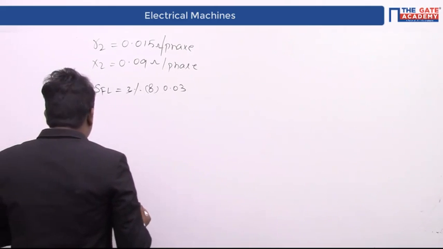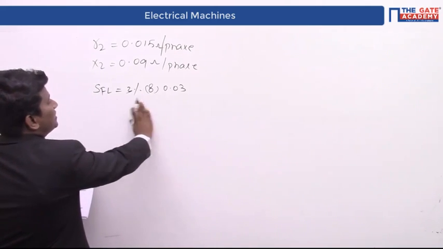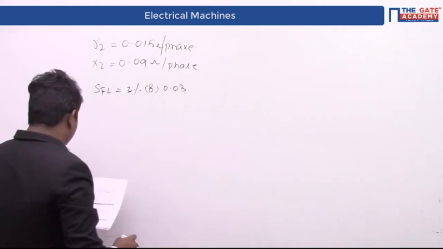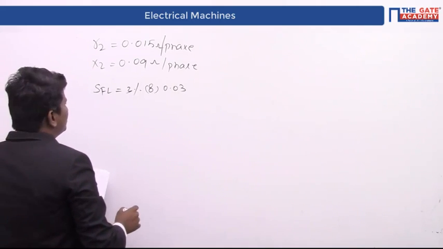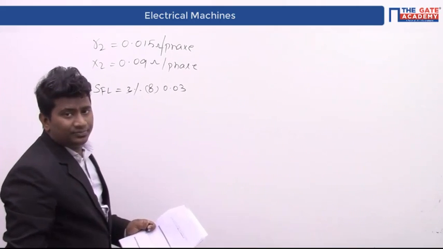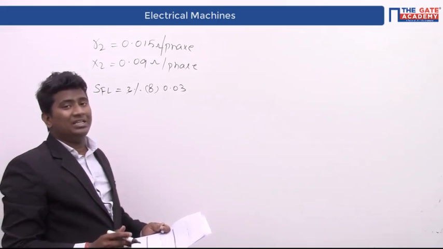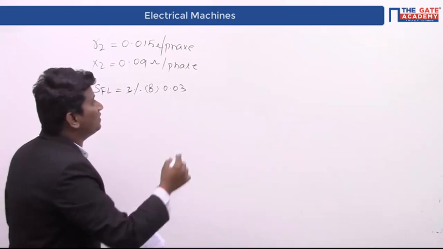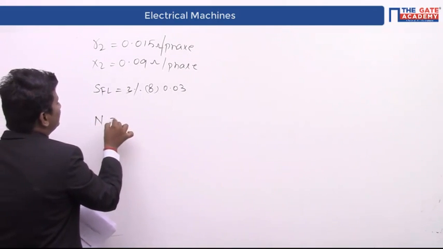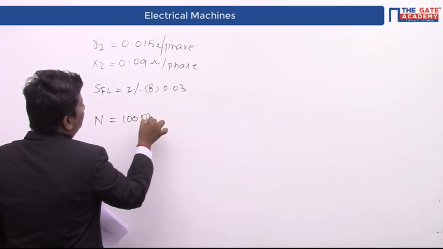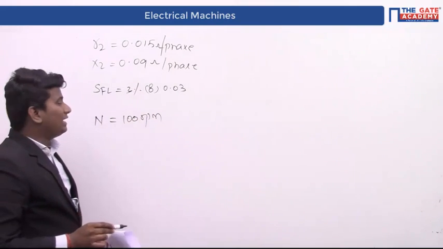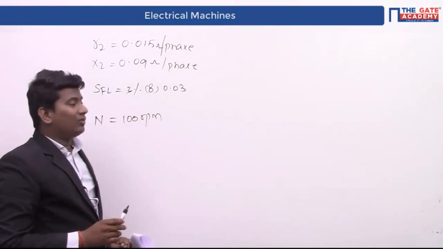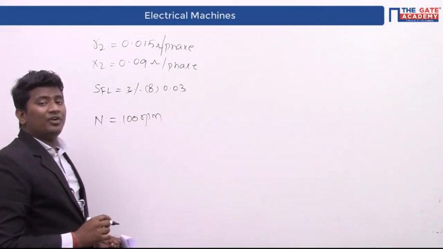They have given the data: full load slip is equal to 0.03. What is the speed of the motor? They have given the synchronous speed as 1000 RPM. At full load, what is the speed of your induction motor?